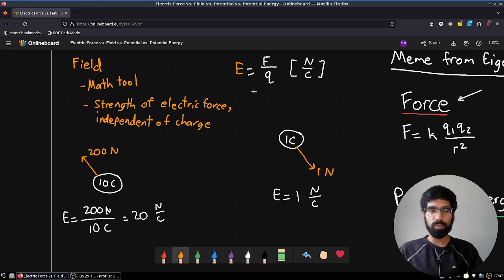If we just expand this equation a bit, well, we can just substitute in our equation, the Coulomb's law that we showed earlier. So instead of writing F, I'm just going to write k Q1 Q2 over r squared. We're also dividing that by Q. What is Q?